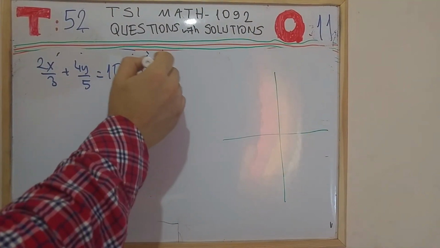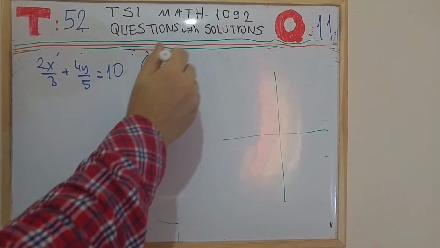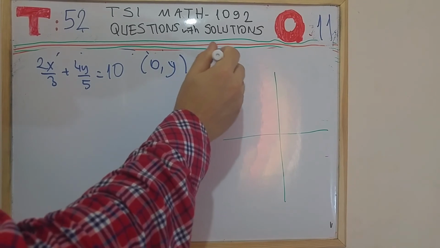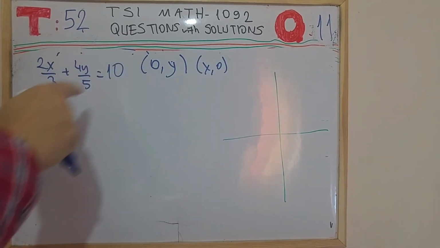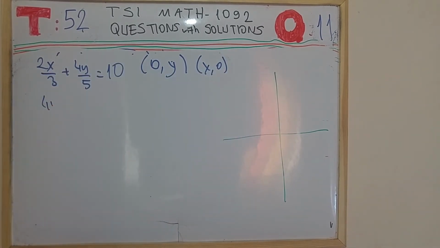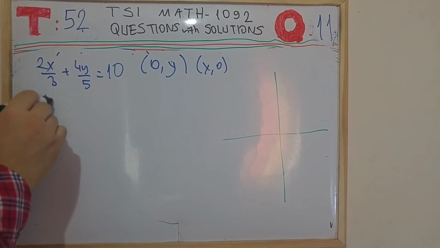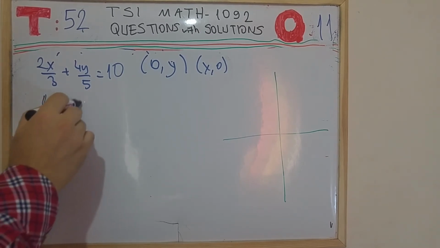Let's find the points where the axes are cut. For x is equal to 0, 4y over 5 is equal to 10.